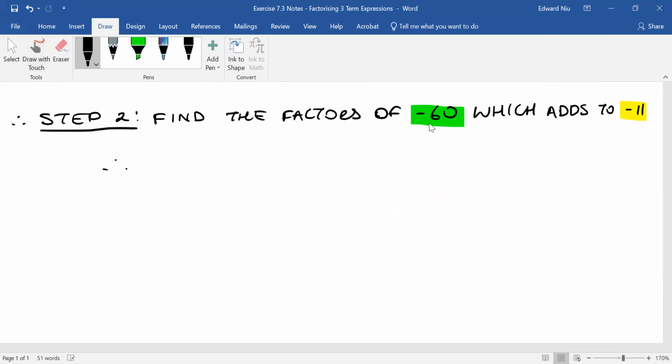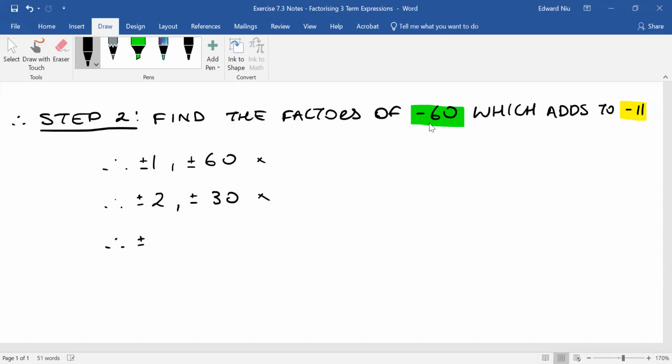So is it going to be 1 and -60? Well, that's not even close. Is it going to be anything like, could be plus minus, remember guys? 2 and a 30. Nope, we're still too far apart to get anything remotely close to 11.